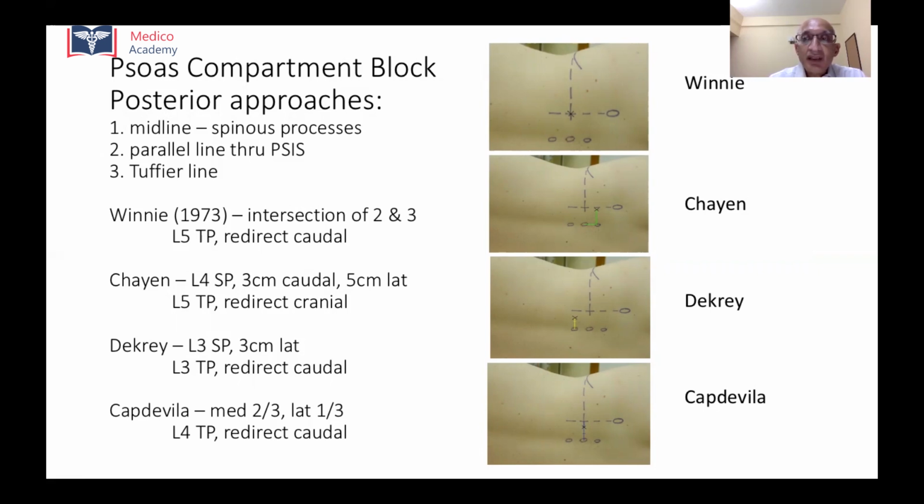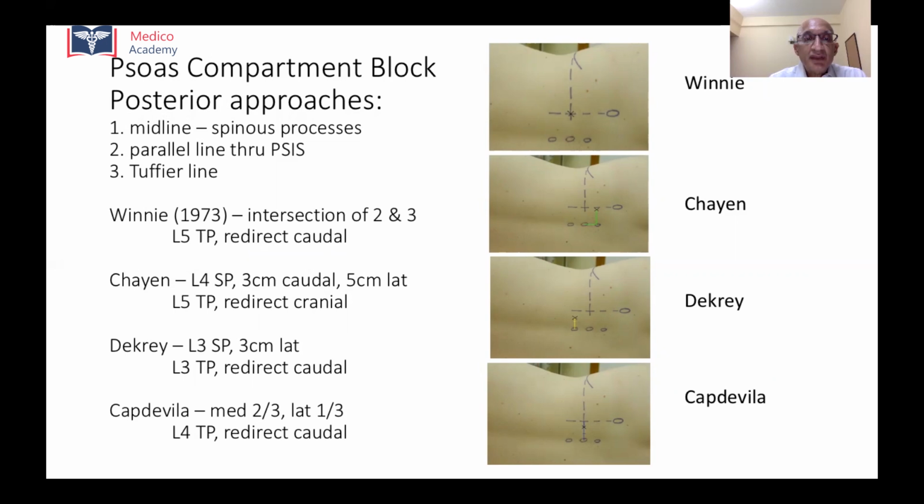Now, Winnie described in 1973 his approach to lumbar plexus, and according to him, the intersection of lines 2 and 3 was the point where the needle needs to be inserted to target the lumbar plexus. It is supposed to hit the transverse process of L5, withdrawn and then redirected caudally.